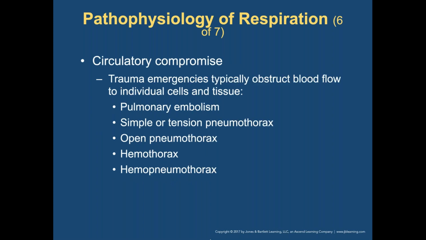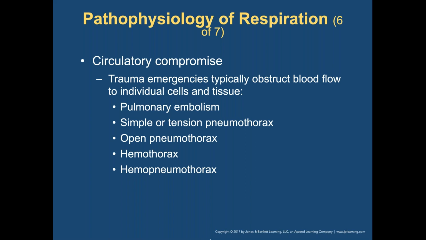Circulatory compromise. Obstructions of blood flow to individual cells and tissues is typically related to trauma emergencies. So pulmonary embolisms, where a clot breaks off and gets stuck in your lungs, stops the blood flow from getting in and out of the lungs. Simple or tension pneumothorax, that is where you've got air in the chest, air or blood.